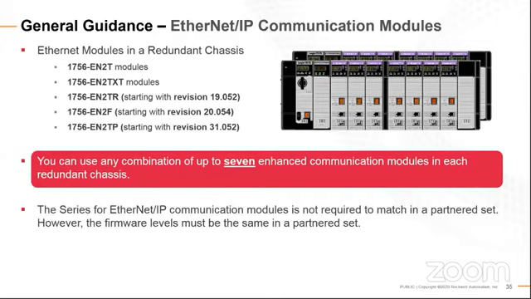If we are looking at the EN2T modules, we'd be pushing you towards version 20. As of right now, the versions of Studio 5000 that still support redundancy are 20, 24, 30, 31, 32, and will be 33. If you are incorporating into a newer system, a lot of the time we are still looking at version 20 as our gold release when it comes to support for the L7, L6 family. As you know, ControlLogix L6, even though it is end of life, can go up to a max of version 20.